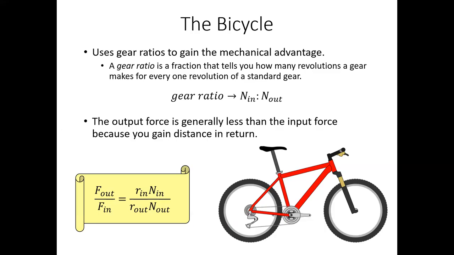But it doesn't stop there. The reason why is because you also have gears. If it was only that simple, that would have been great. But we have this thing called gear ratio, which basically goes as N in versus N out.